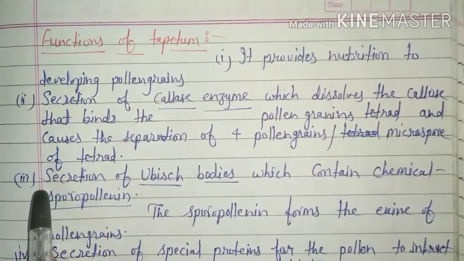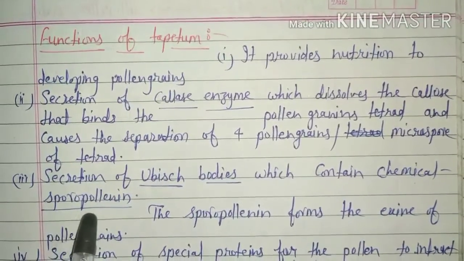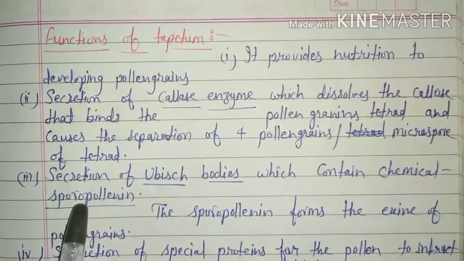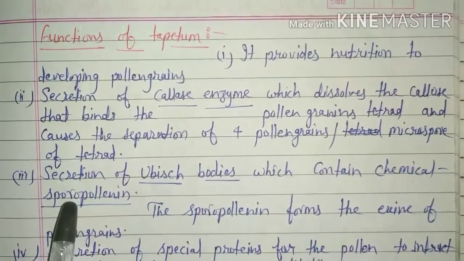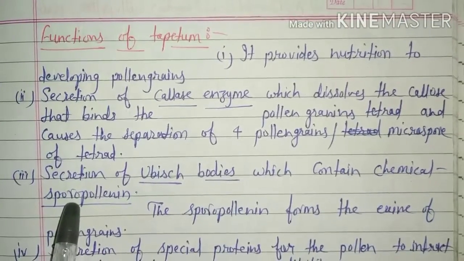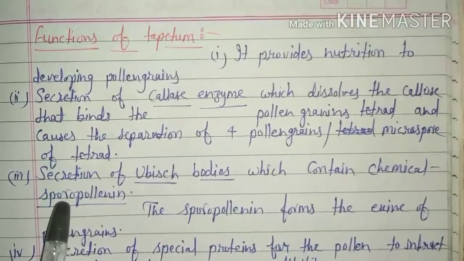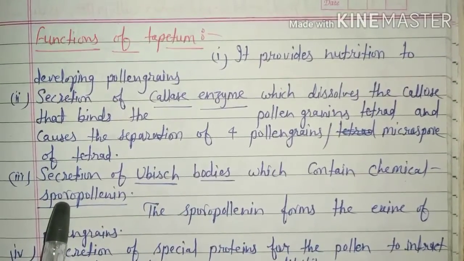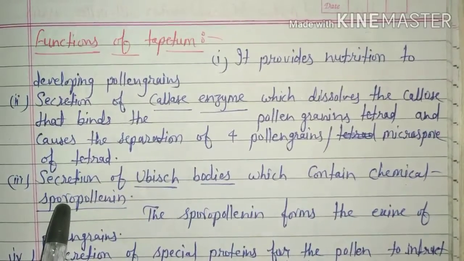Now we will talk about the sporopollen. Sporopollen is a most resistant polysaccharide and is an important constituent of the outer wall layer, exine, of pollen grains.